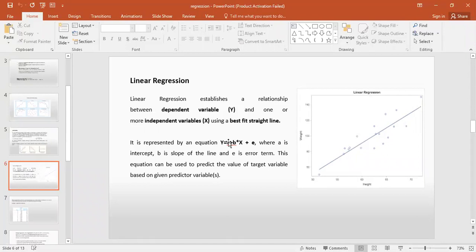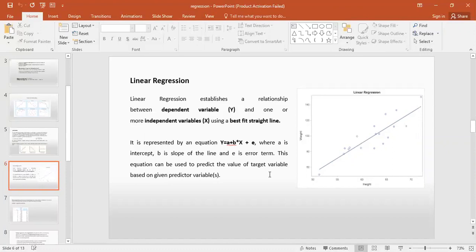Here A is the intercept, B is the slope, and E is the error. Error is the difference in the scatter plot, between the scatter points and the straight line. The less the error, the more the accuracy.